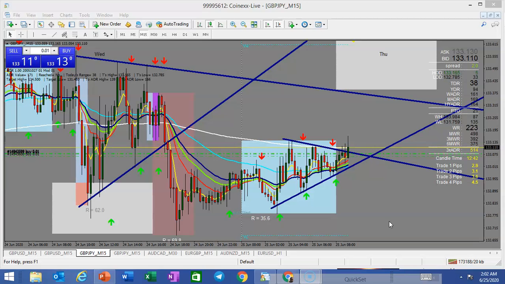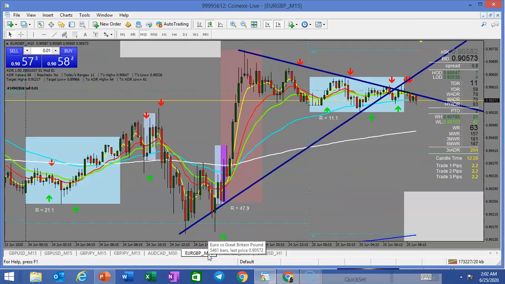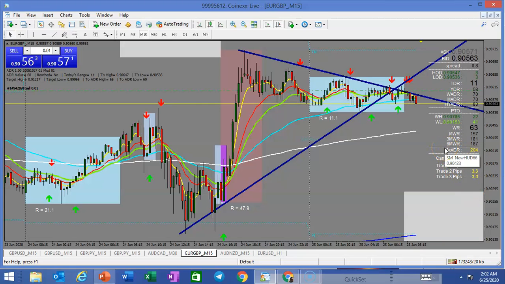You just wait for the break and retest, and go in for a certain number of pips. We're also in EURGBP, and we're waiting for our 20 pips on this pair as well.